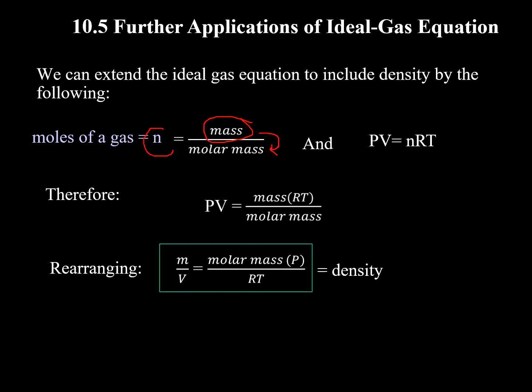So we plug mass over molar mass in here, and then we have PV equals mass divided by molar mass times RT. Then we can put the mass and the volume on one side to get M over V, which is density, and it comes out to this equation boxed in green: the density is equal to molar mass times pressure divided by RT.